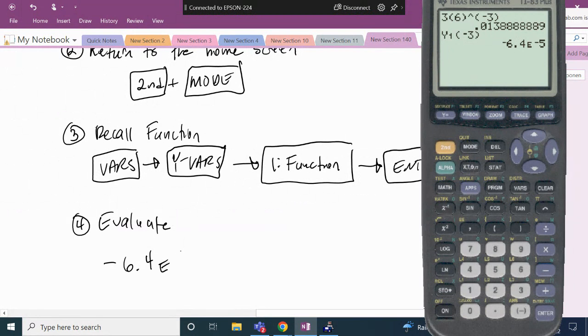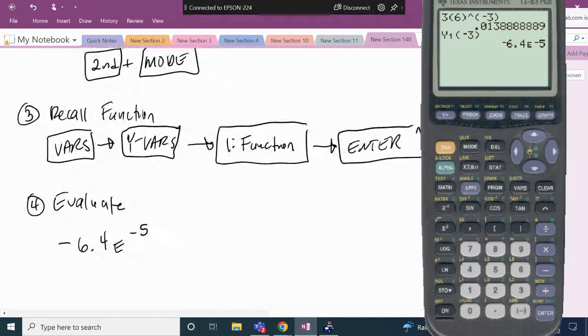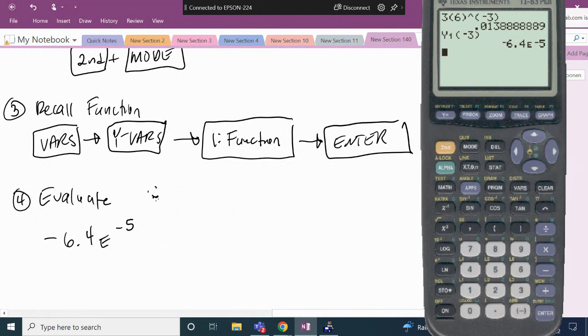Negative 6.4 times e to the negative 5th power. And I want to explain this one to you. Now, I believe this was similar to the second one. Now, as far as the directions, they want us to round to the nearest, or round to 4 decimal places.